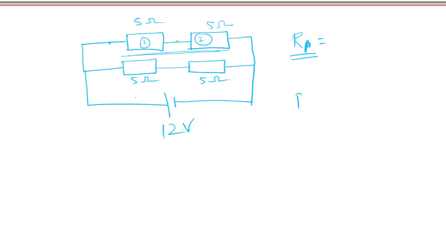Total resistance of 1 plus 2 should be 10 ohm. Similarly, this is resistor 3 and this is resistor 4, and they are connected in series. So resistance of resistor 3 plus 4 is how much? 5 plus 5 is equal to 10 ohm.